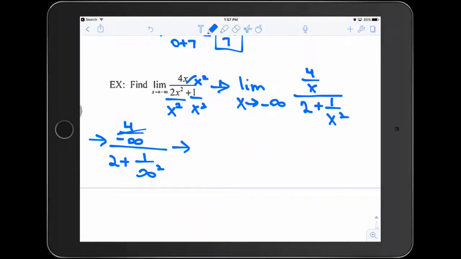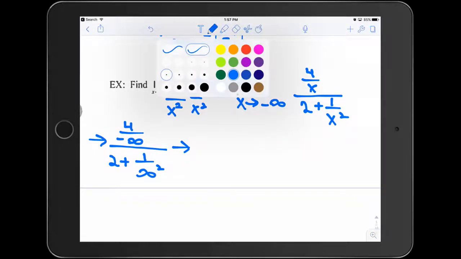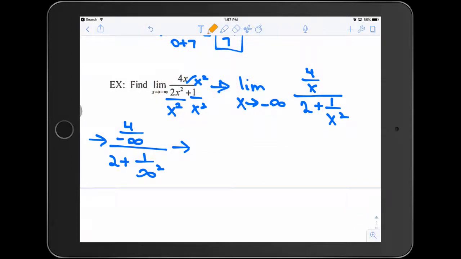And I can even do one better because I have colors here. So we know this approximates 0 because 4 divided by any very, very big or very, very small number is going to make it go to 0. And we also know that this equals 0 because 1 over infinity squared, or negative infinity squared, just means it's going to go to 0 quicker.